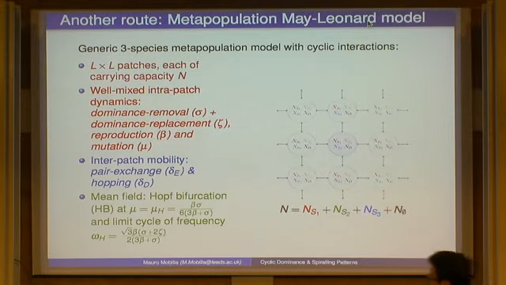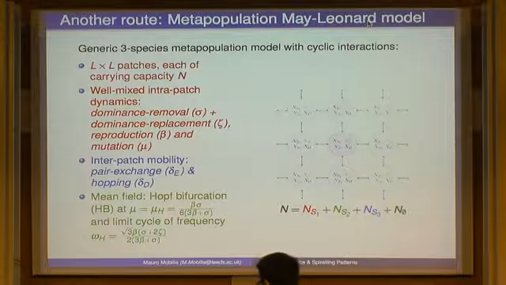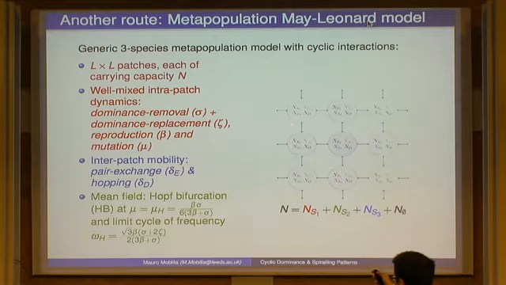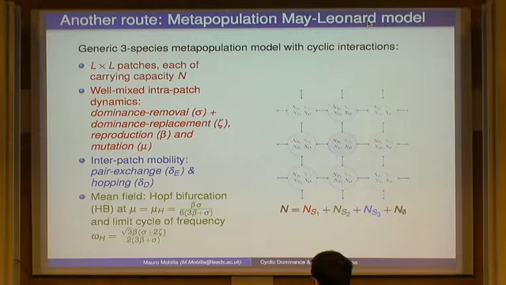So, right. Basically, this is the model. We again have these three species, with cyclic competition, reproduction and mutation within each of these patches, which is well mixed and has a carrying capacity n, right?